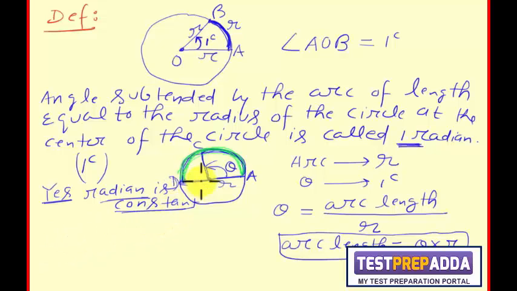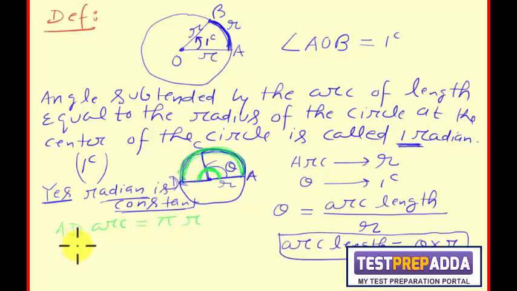In that case, the angle will be how much? This is half of 1 turn, that means 2 right angles. Got it? And the arc length will be how much? We know the circumference is 2 pi r. So obviously arc length AD will be pi r.